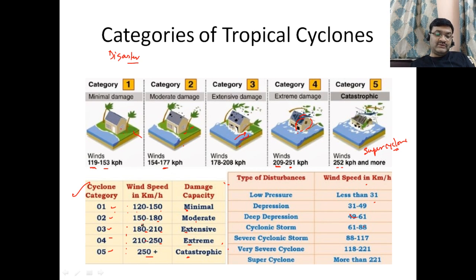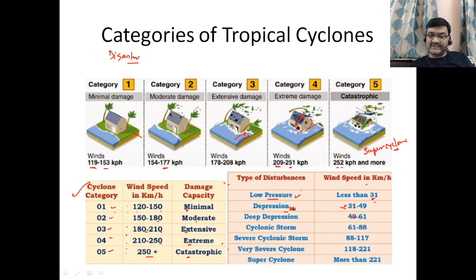Now what is going to determine this velocity of the wind? It is the low pressure. Okay, so if the low pressure is normal, then the velocity is less than 31. If the low pressure is further decreasing, then the velocity will increase.